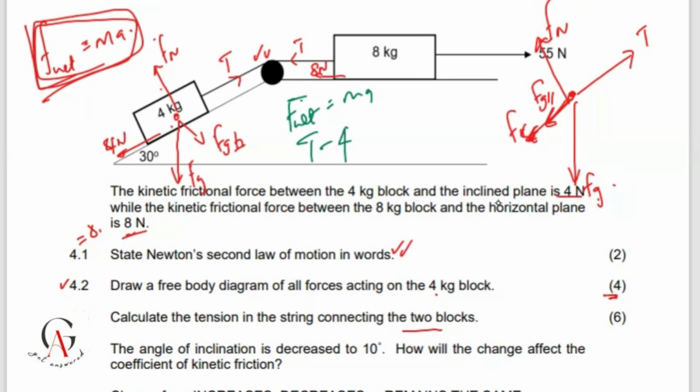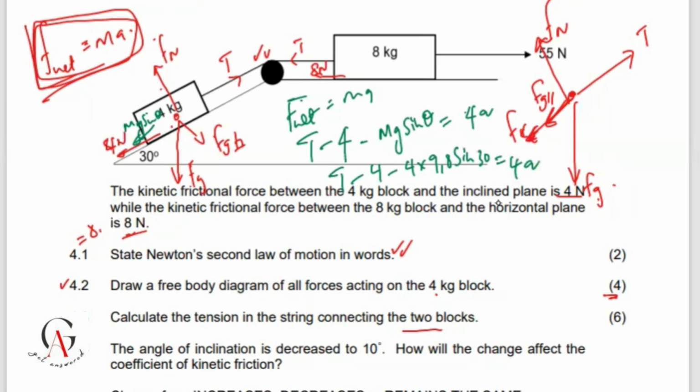But there's also the mg sine theta, the Fg parallel that's acting there. So minus the mg sine of theta. I think those are the only forces. That should give us 4a. So simplifying that, T minus 4 times 9,8 sine of 30 is equal to 4a.